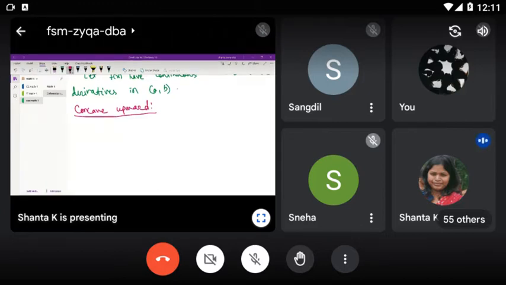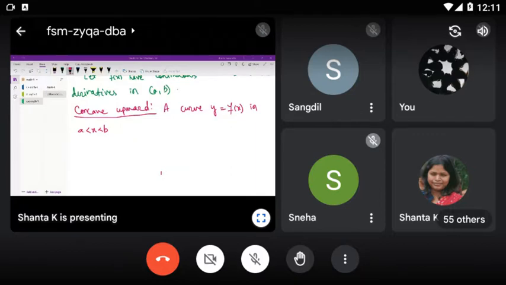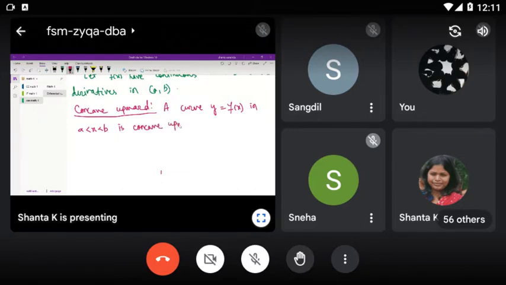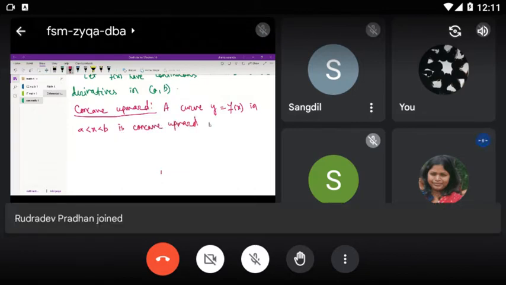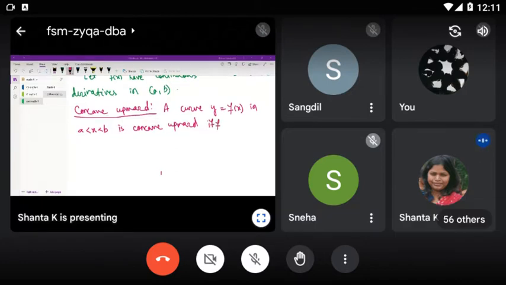So concave upward means a curve in the interval is concave upward if and only if f dash x is an increasing function.